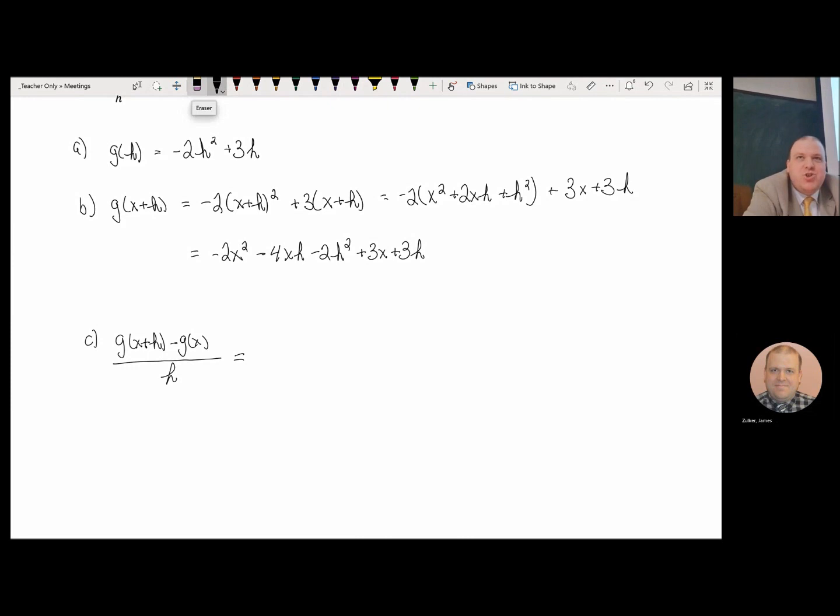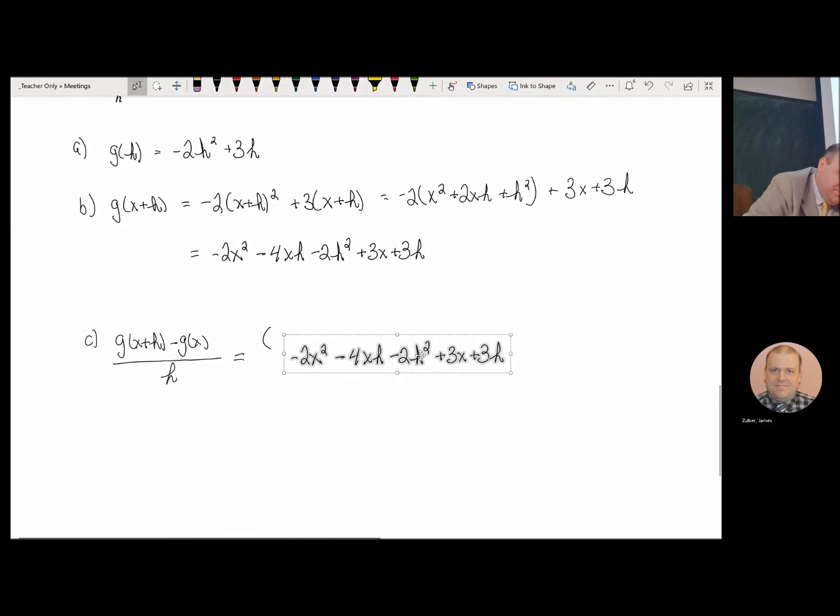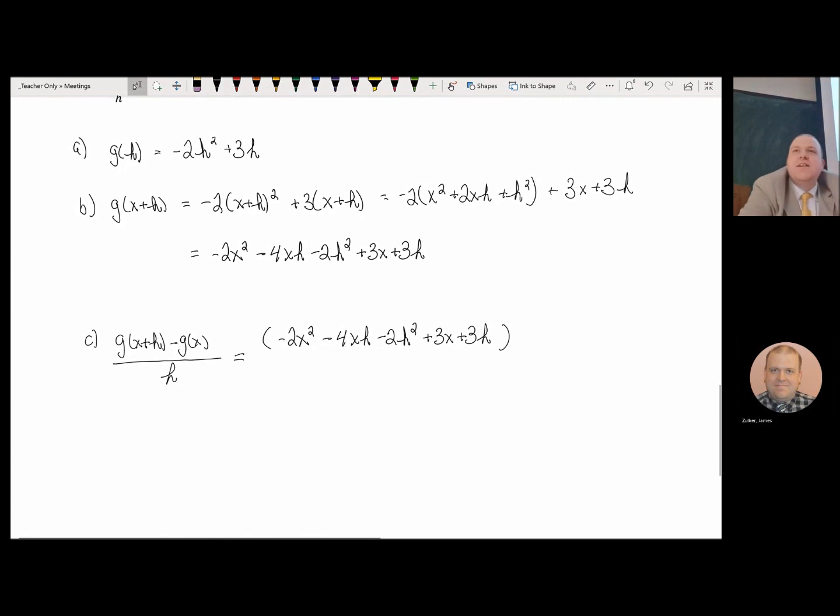So g of x plus h, we just found. No need to reinvent the wheel. Speaking of, instructor's prerogative. If it lets me do it. Technology is a wonderful thing.